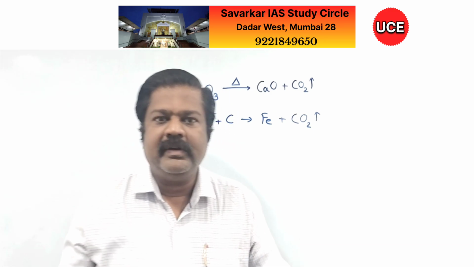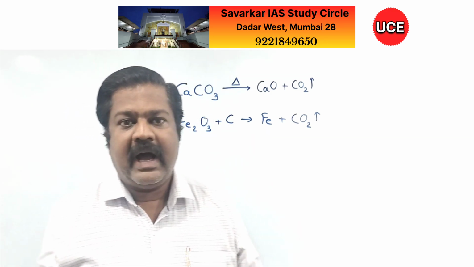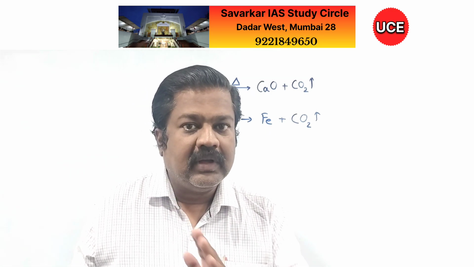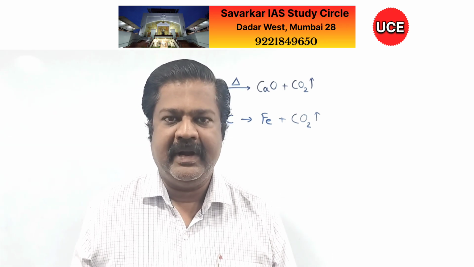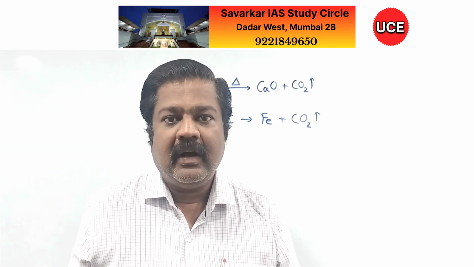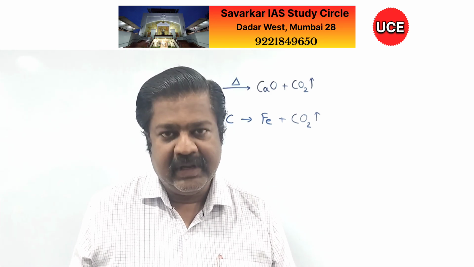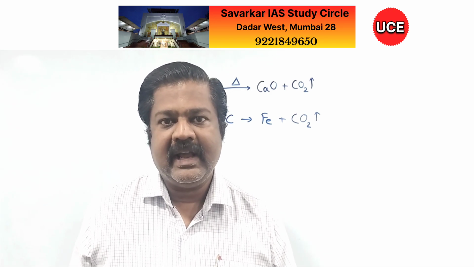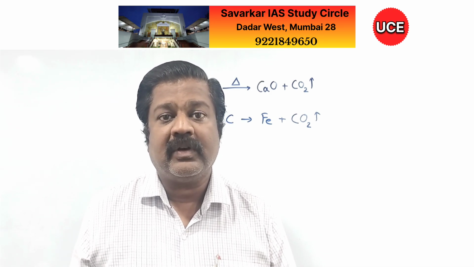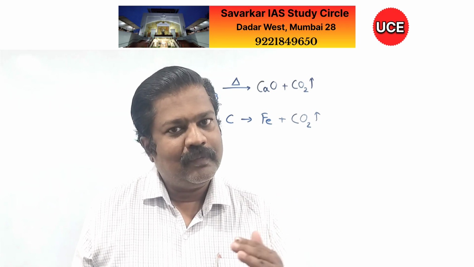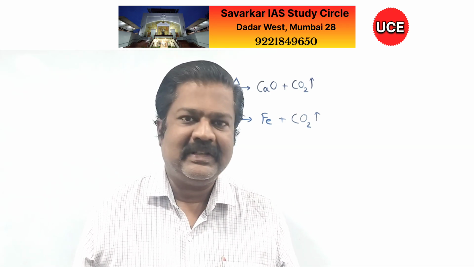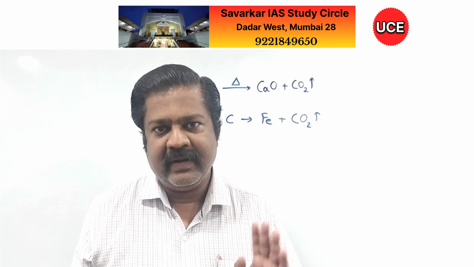Whatever you carry out on iron, iron will not undergo further decomposition. Therefore, iron is called an element. In the same way, hydrogen is called an element. Oxygen is called an element because they do not undergo further decomposition. So now part of the definition we discuss is what is called an element.